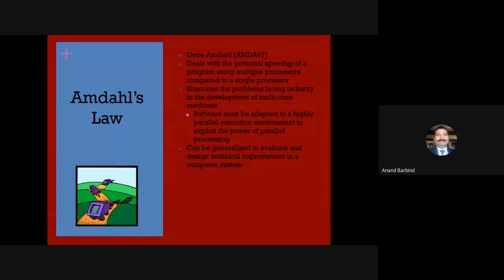If you want to increase the execution speed of your program, what can you do? If the program is being executed by a single processor, then you can employ more than one processor. For example, you may know that now the CPU comes with multiple cores. What are multiple cores?